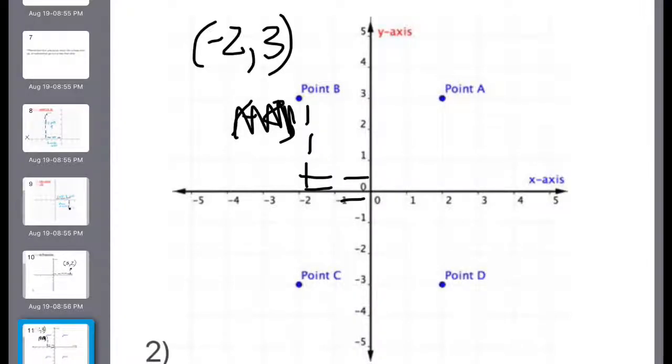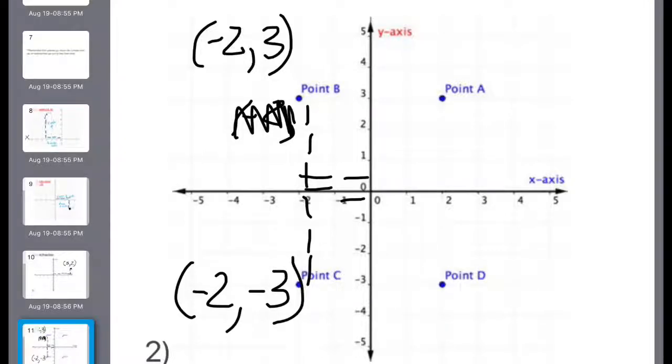The difference between B and C is point C is down. So we are going to go down 1, 2, 3. When you are in your third quadrant, both your X and your Y value should be negative. So your ordered pair for point C is -2, -3.